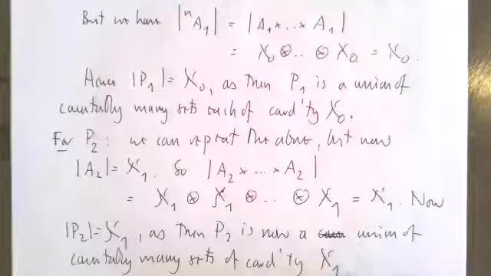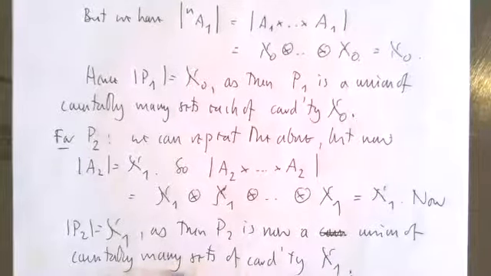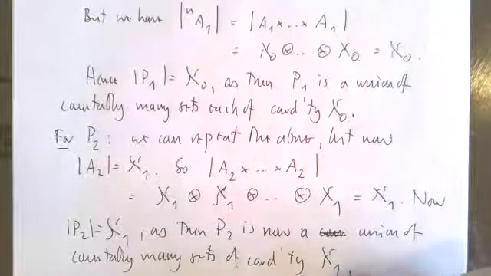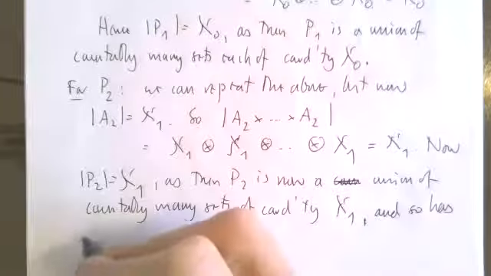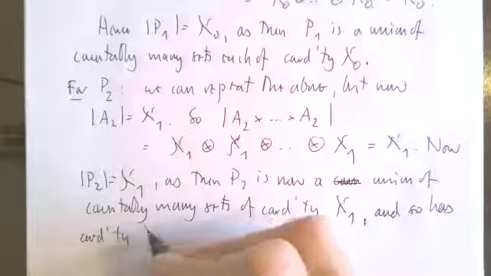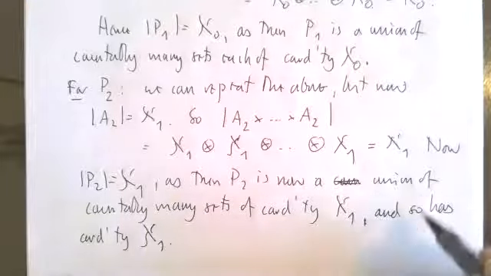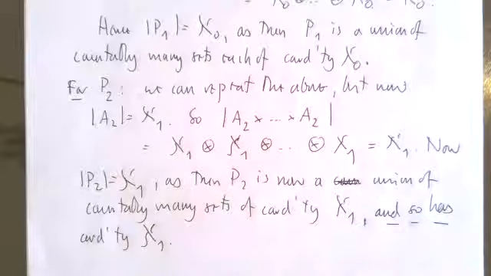What I'm also using here is the fact that the union of countably many sets of cardinality Aleph 1 is Aleph 1. So I'm appealing to that fact at this point.